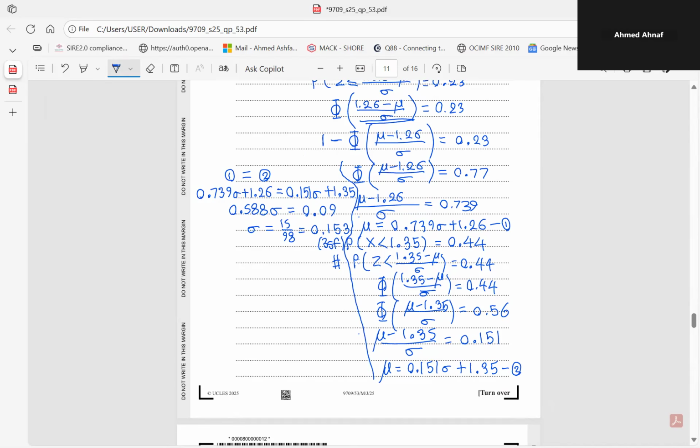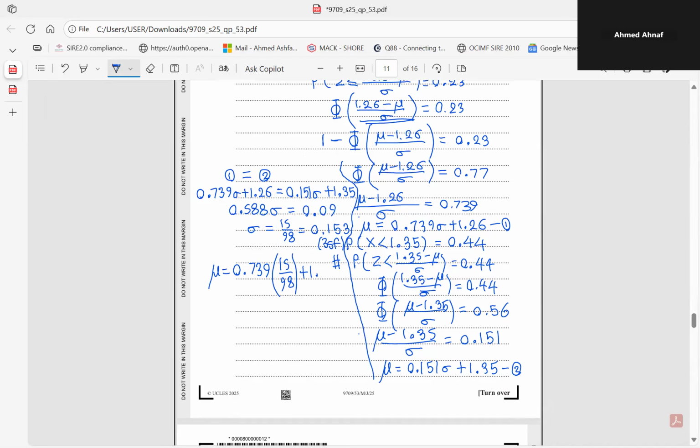Now let's find mu by substituting into either formula. So mu equals 0.739 times sigma, which is 15/98, plus 1.26. This would give you 1.37 to 3SF.